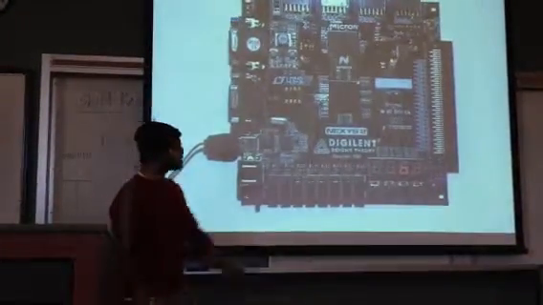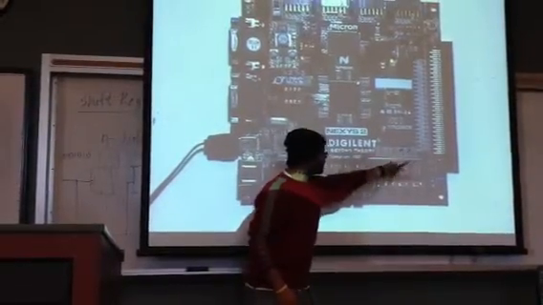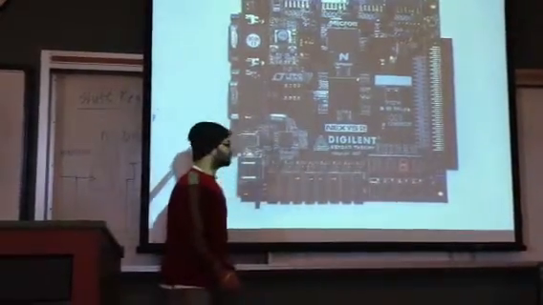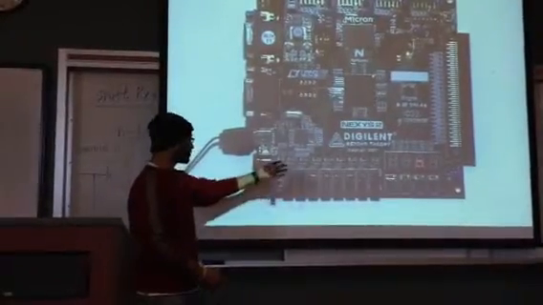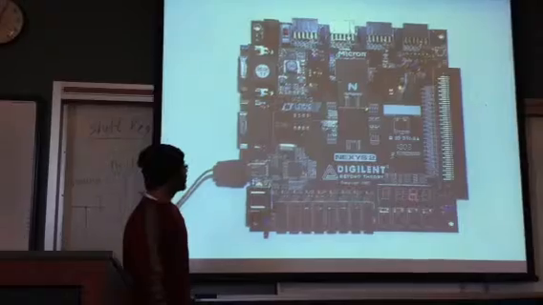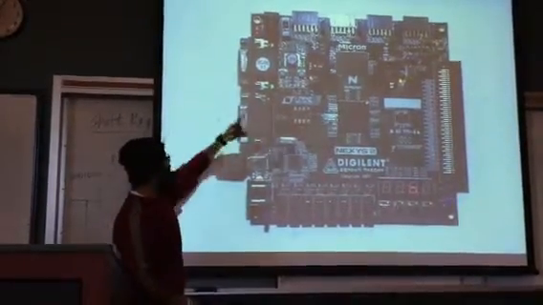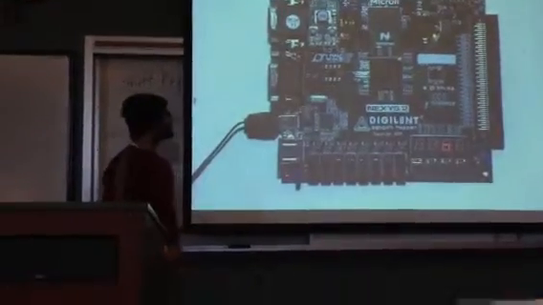If you want to use the 7-segment display, you will see all these numbers over here. They tell you how to connect to the 7-segment display. Right now, just worry about the basics. You won't know about all these other things unless you take 3183.